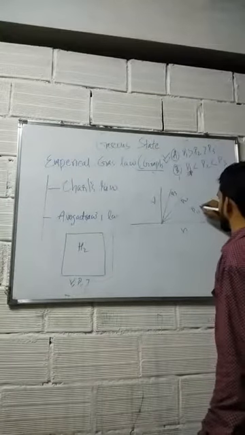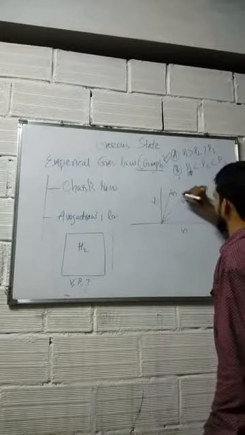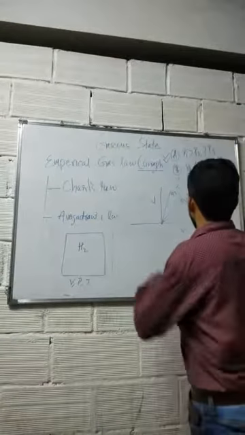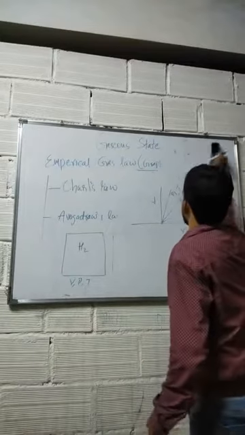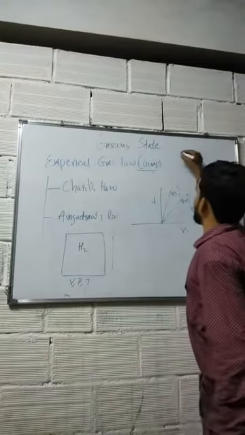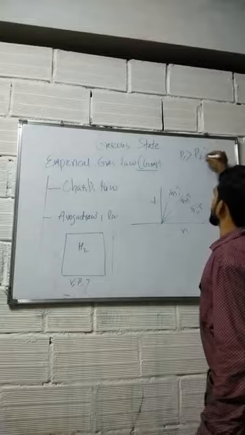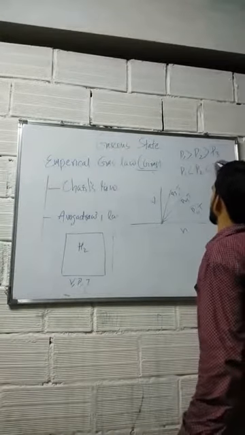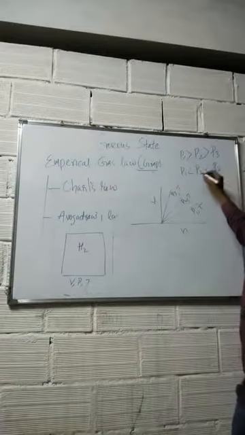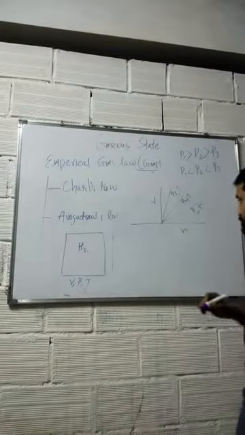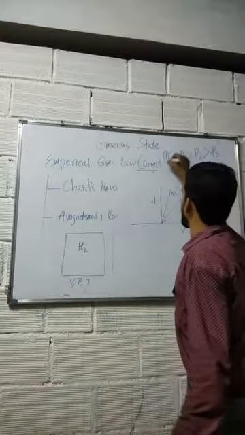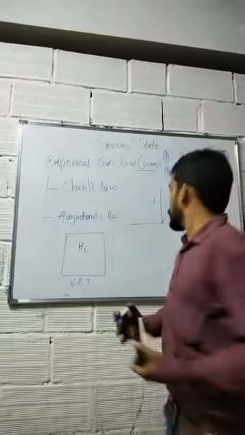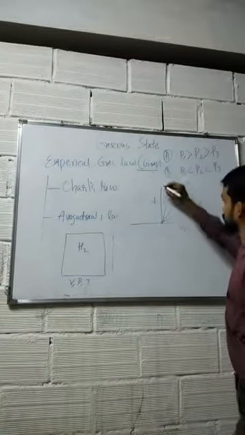Say I am taking constant temperature. So my question again: P1 greater than P2 greater than P3, or P3 greater than P2 greater than P1? Say A and B, which is correct? How do you explain this graph?